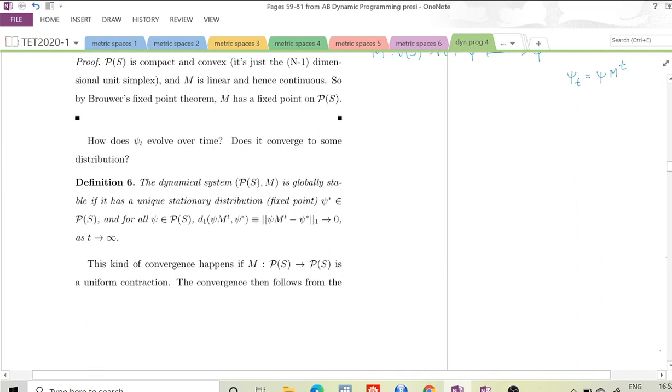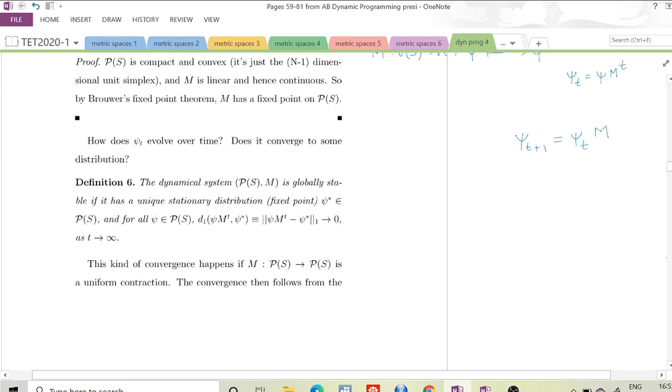So now we have the definition of stability of this dynamical system. When I say dynamical system, it's this first order difference equation of how the marginal distribution evolves over time. Ct plus 1 is a function of Ct given by Ct times M, right?